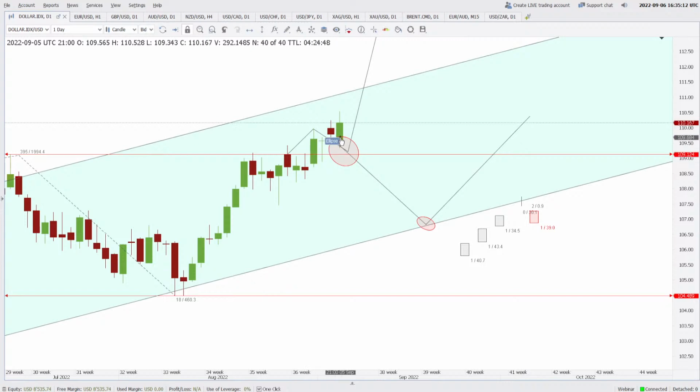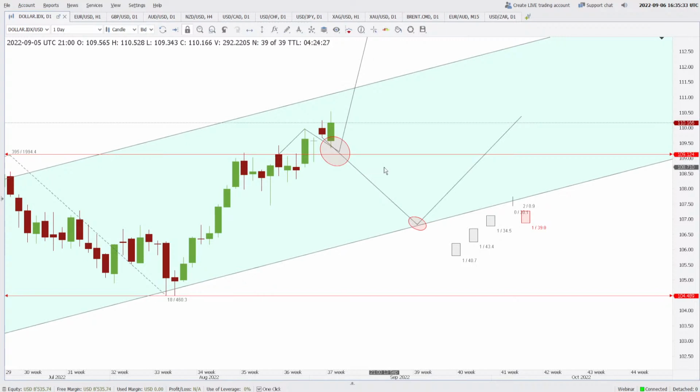But I think if this would have gone a bit lower and tested this level again, that would have made a lot more sense, because in that case you would have entered this confluence of supports. So this level actually I wanted to be tested again.